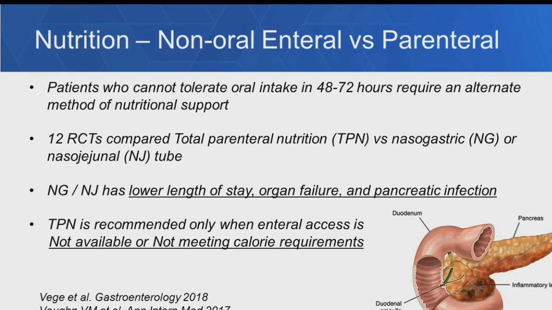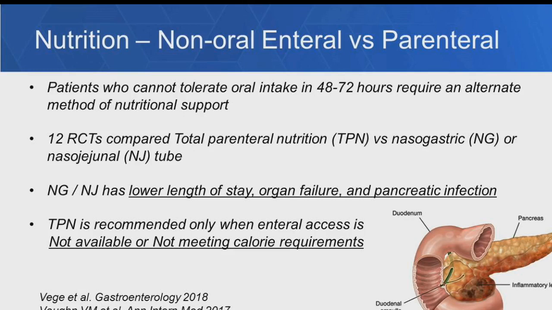Again, when patients are being kept on TPN and prolonged NPO status, this affects the gut mucosal barrier, increasing transmigration of the gut flora and pancreatic infections. Therefore, we should always consider using the gut and always consider using some form of enteral nutrition, even if it is a trickle feeding or small quantity of oral diet.